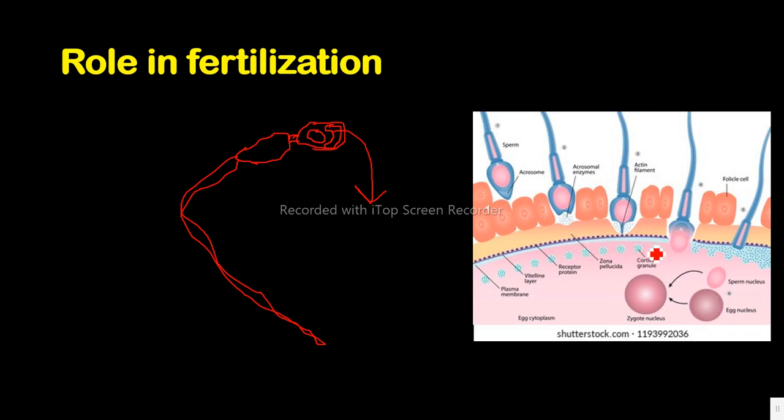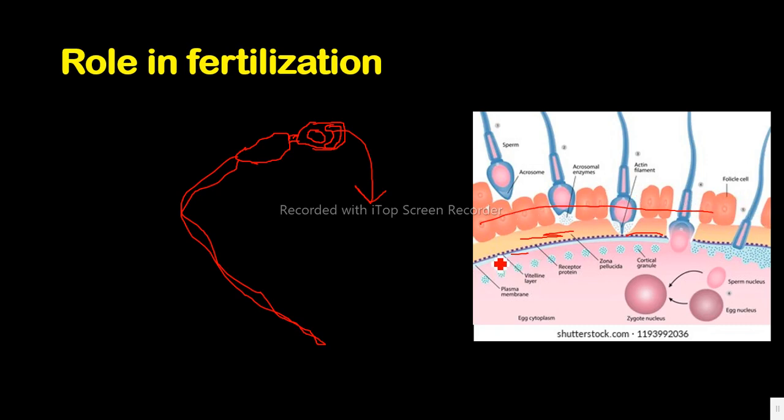You have this zona pellucida, and then you have the plasma membrane, and outside you first have these cells called the corona radiata cells, the follicle cells.